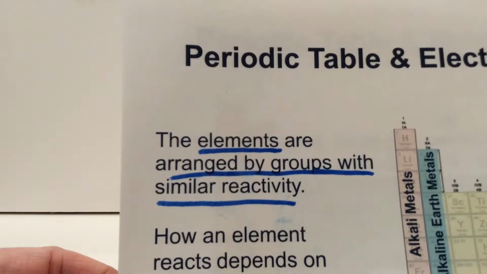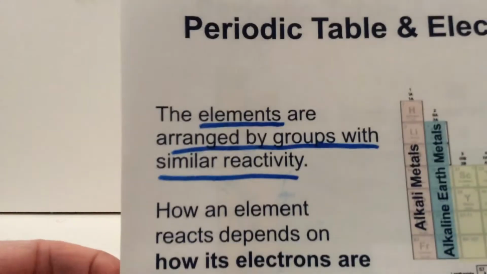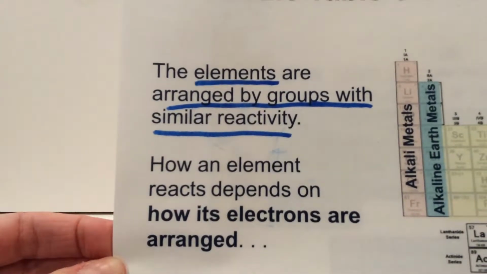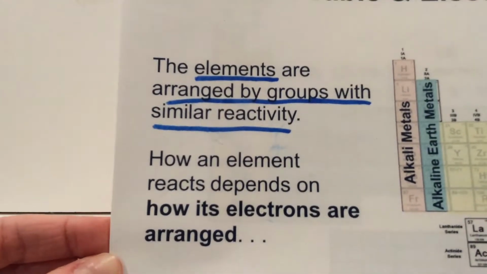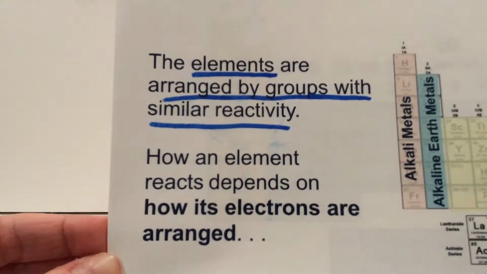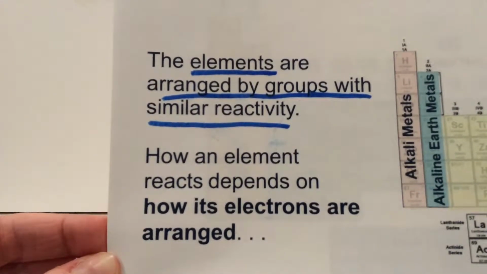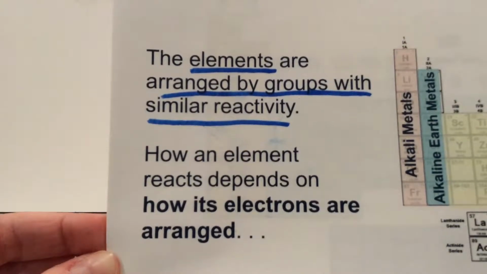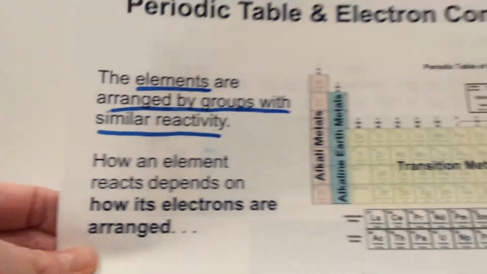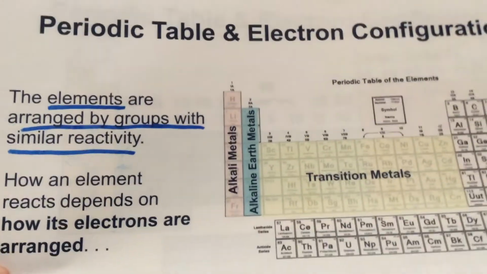And the reactivity really depends on how the electrons are arranged. So we know that on the periodic table, elements that are in the same groups will have the same chemical properties and their electron configurations will be very similar. So let's take a look at the groups here.